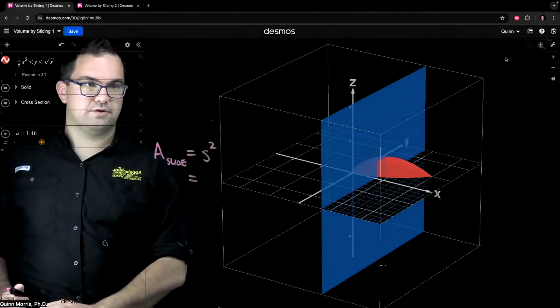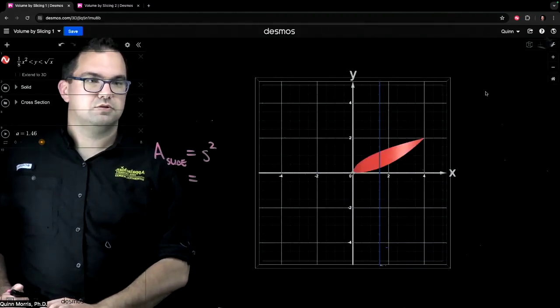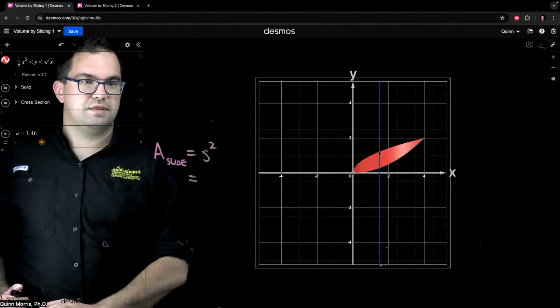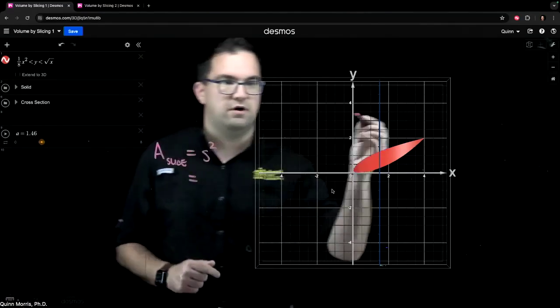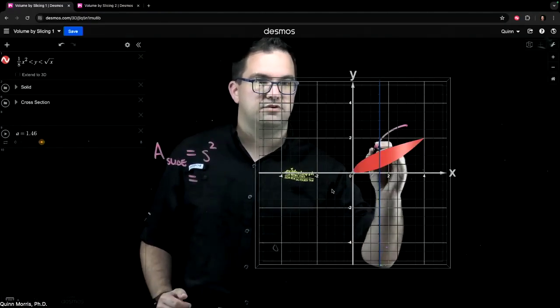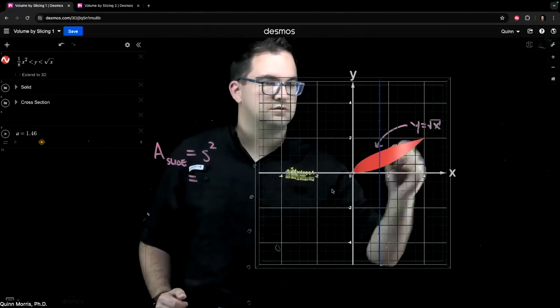Well, again, let's go back to this 2D view. The side is just going to be the length of this little line segment here, which is just the difference between this upper function's y value and this lower function's y value. Well, this upper function here is y equals the square root of x.